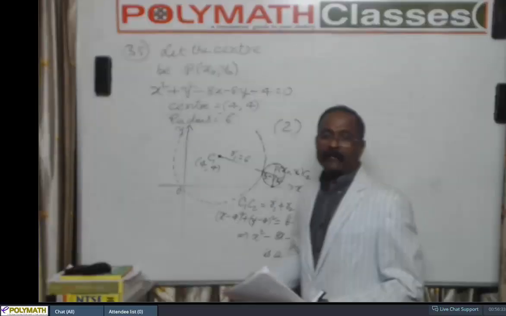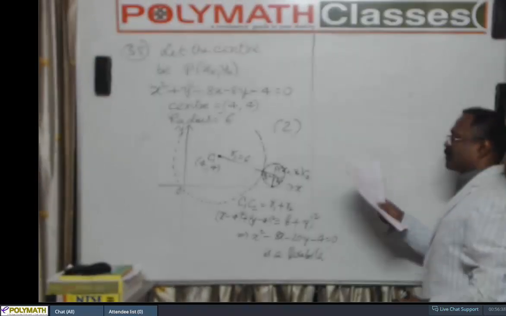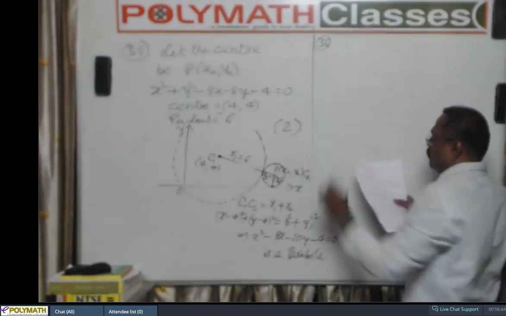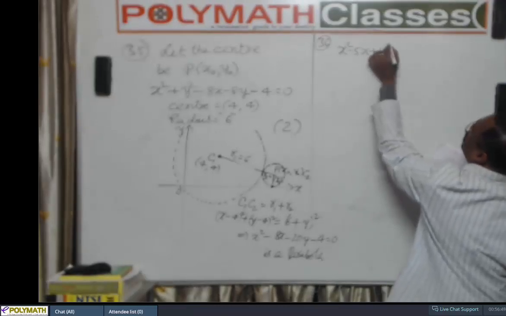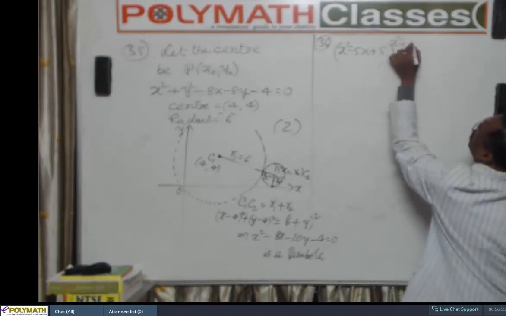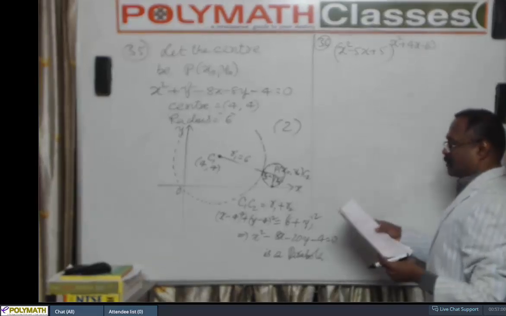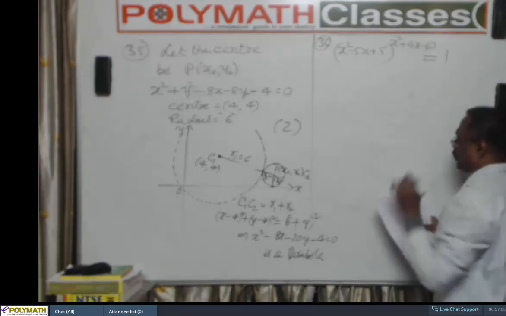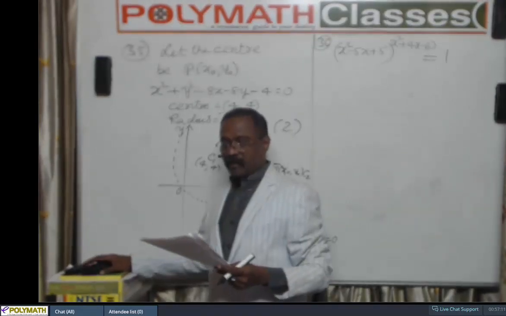See, now in this case, if you see question number 36 there, it is (x squared minus 5x plus 5) whole power (x squared plus 4x minus 60) is equal to 1.